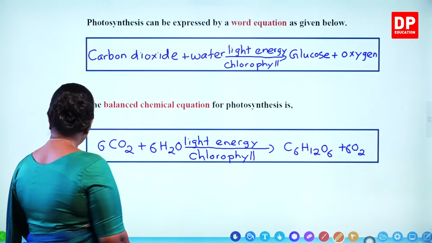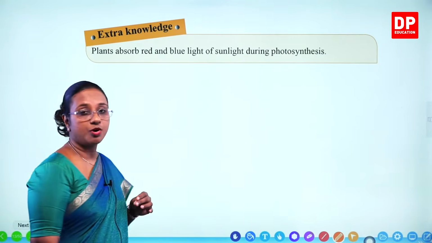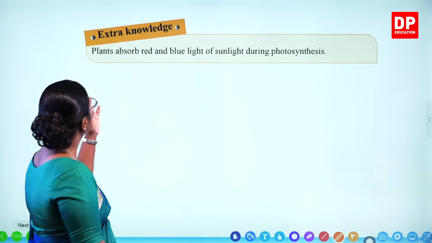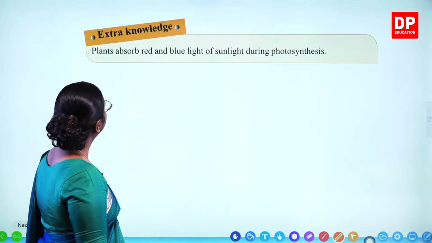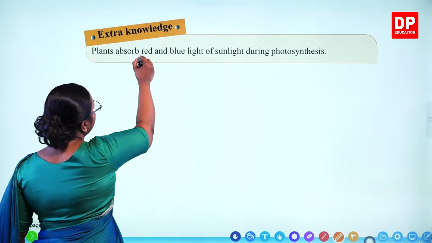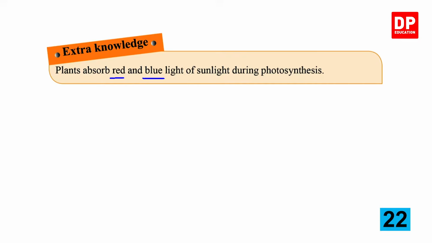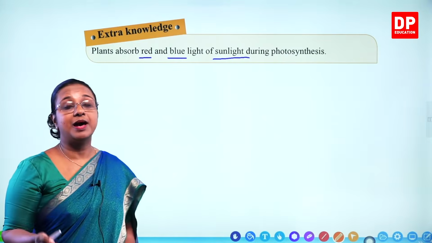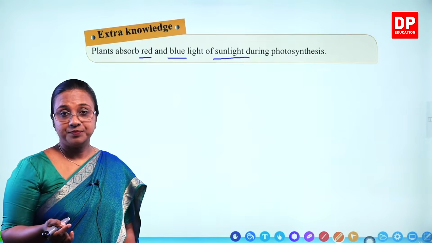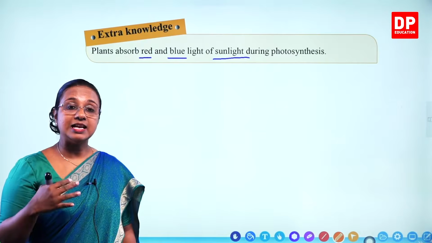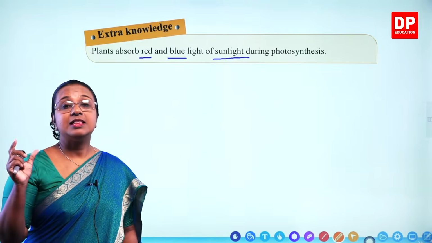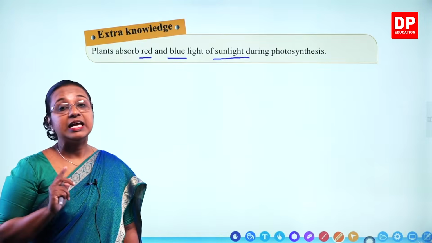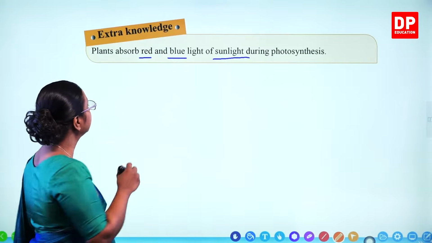Now we will see what type of light is absorbed by plants. Extra knowledge: plants absorb red and blue light of sunlight during photosynthesis. We have already discussed how efficiently plants absorb sunlight. And you all know the sunlight, that is white light, that is in the visible region, it contains 7 colors.